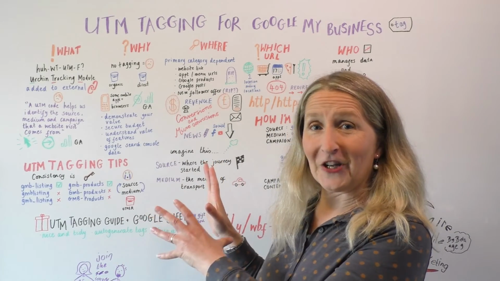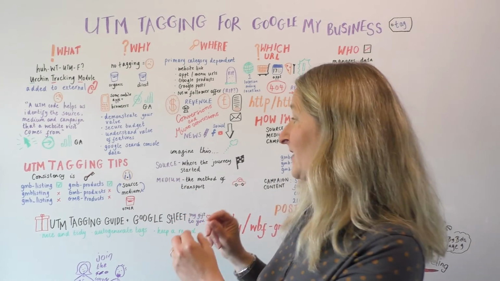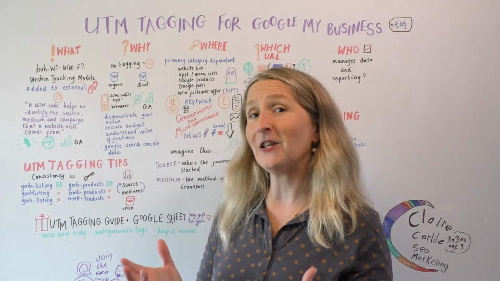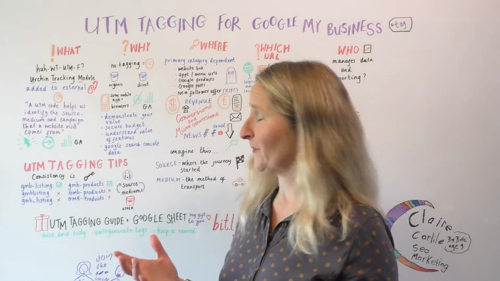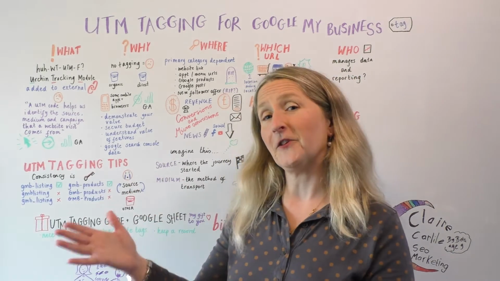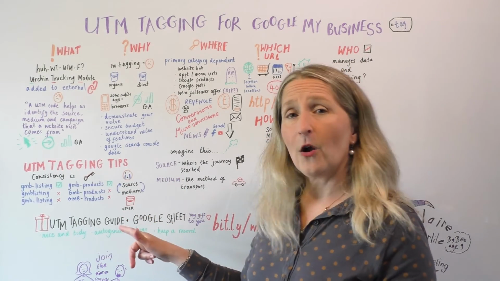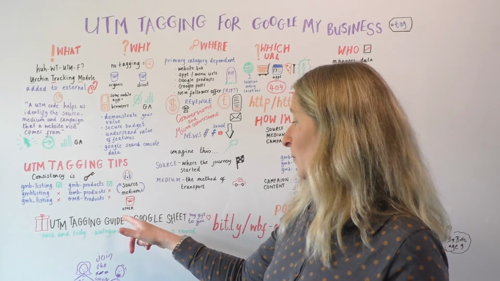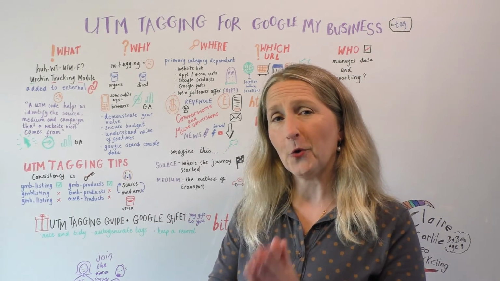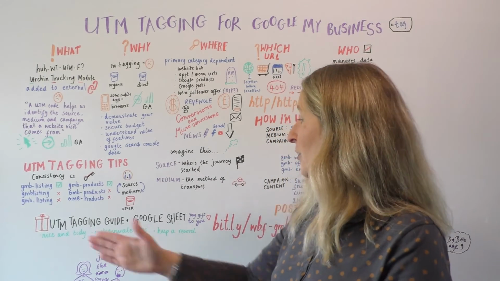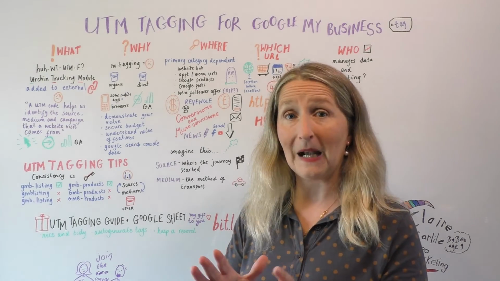So you're going to tag up your GMB URLs and those links with UTM code. So you might use something like Google's campaign URL builder, which is something that I used to use when I first started tagging up business profiles. But since then I've been working on my UTM tagging guide with the Google Sheet, which is basically my gift to you with love. So you can use that to keep everything nice and tidy and everything in one place.